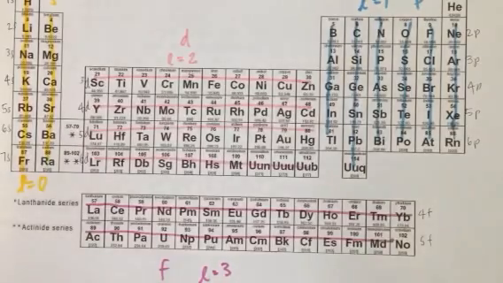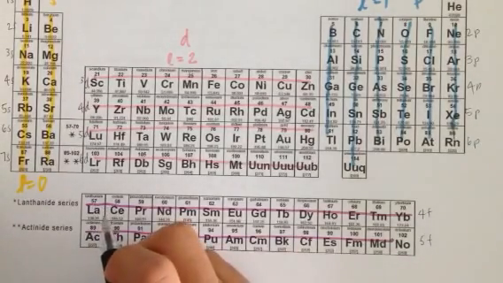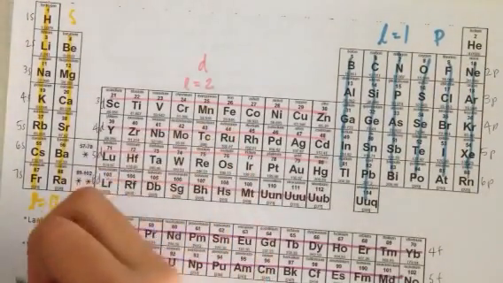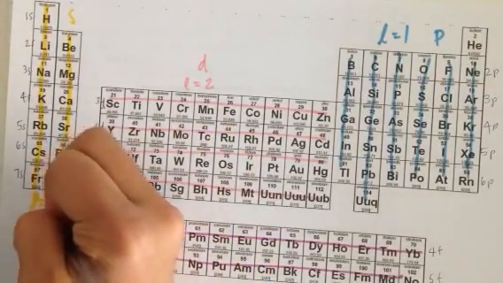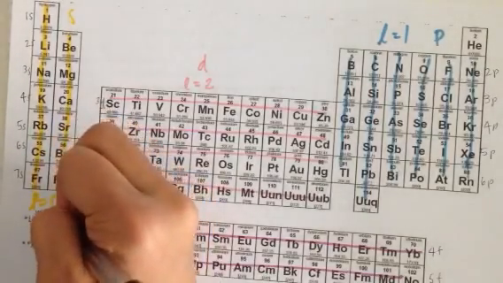Now we'll do the orbital, and that is M sub L. And that you can see after you label it. It varies depending on the sublevel. In the S sublevel, M sub L is always going to be 0.